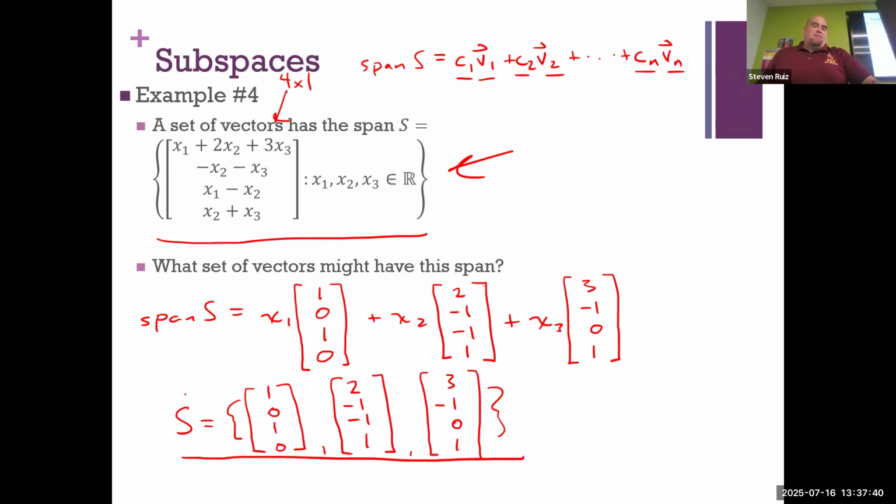How is that set related to its span? How do I make that jump from S to span of S? Because for the span of S, how many things are in S? Just those three things. How many things are in the span of S?